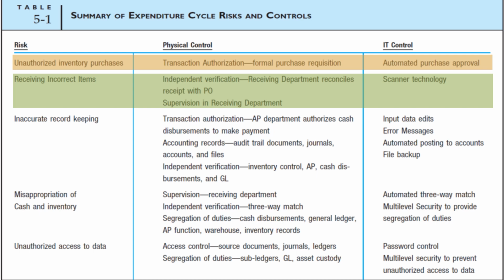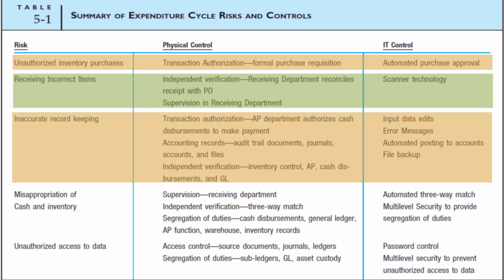Then we ask the receiving department to receive the items and fill up the form, and later on we do the reconciling. We can also have supervision in the receiving department, whereas for IT control, scanning technology, as I mentioned, we have barcode scanning to scan every item received, and the system will automatically process the matching to ensure they are the correct items ordered in the purchase requisition and purchase order.